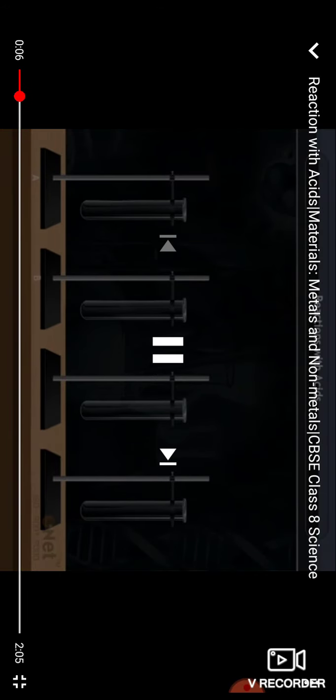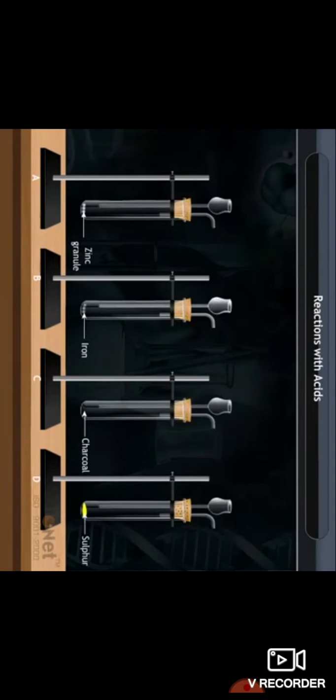Now you can see the same experiment with the help of this animation. We have taken 4 test tubes. In the first test tube we are adding zinc granule, in the second iron, in the third charcoal, and in the fourth sulfur.